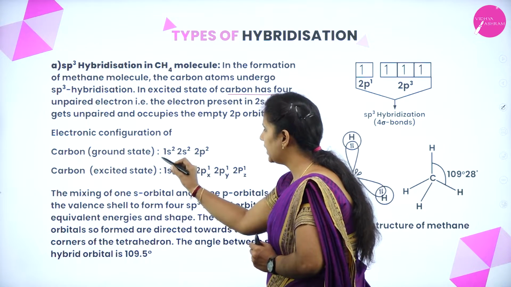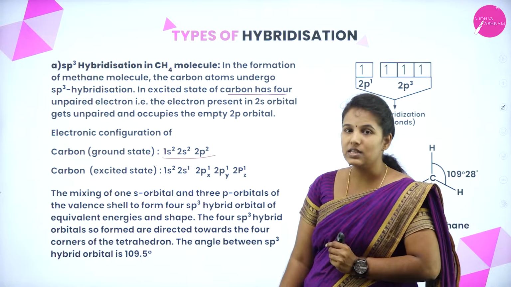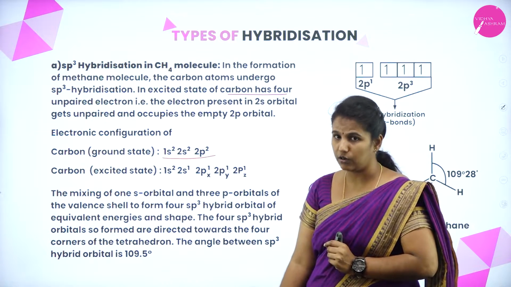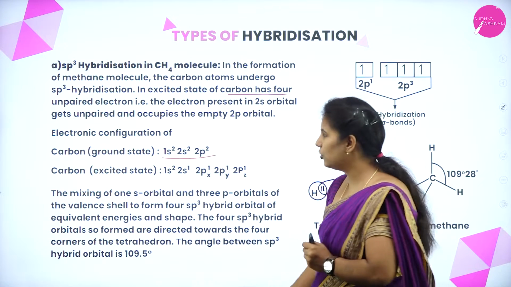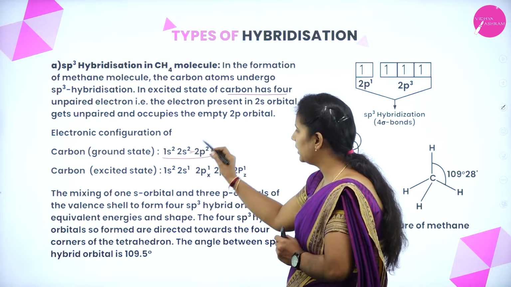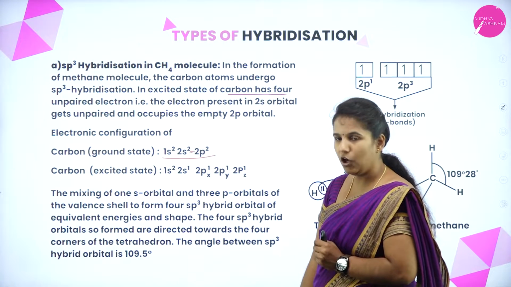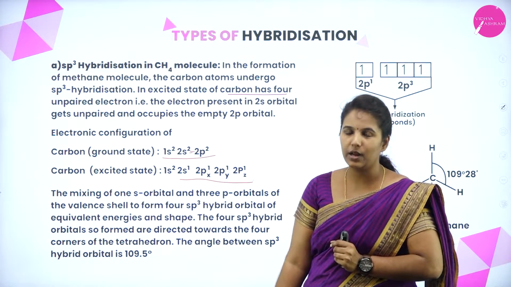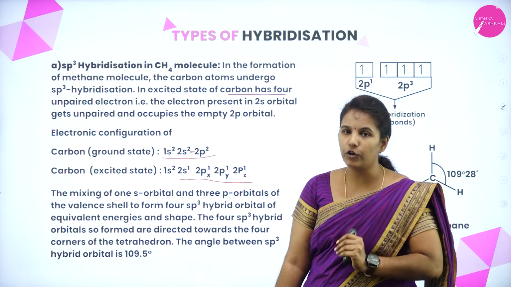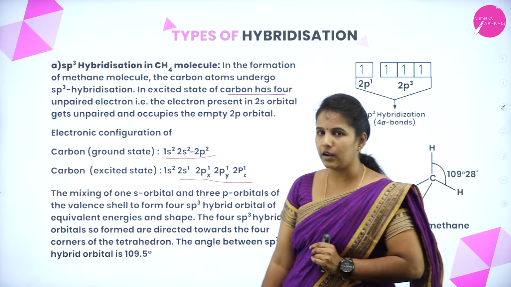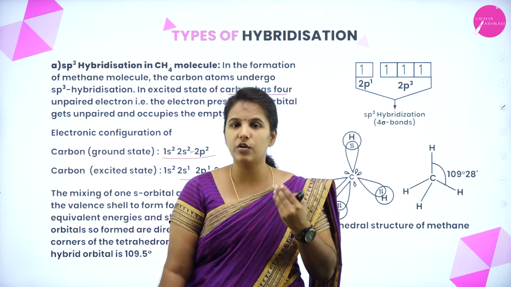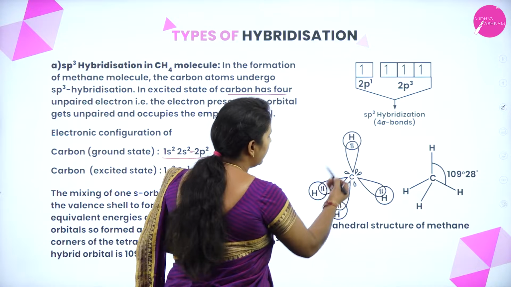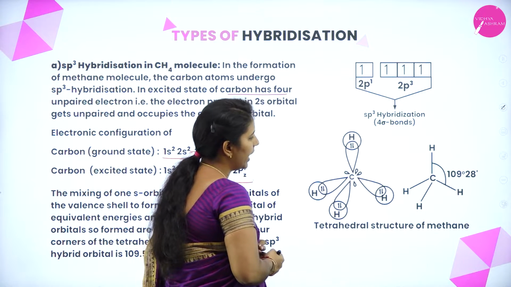In the ground state it has 6 electrons, with 2 electrons in the p orbital. When it gets excited, one electron from the s orbital moves to the p orbital, giving 4 unpaired electrons. All these 4 unpaired electrons react with 4 different hydrogen atoms, each donating 1 electron, resulting in tetrahedral geometry.